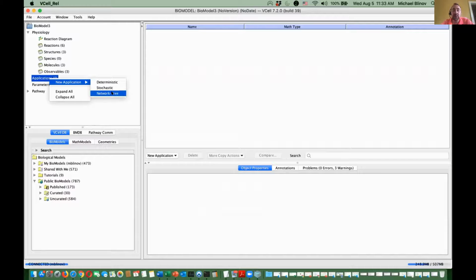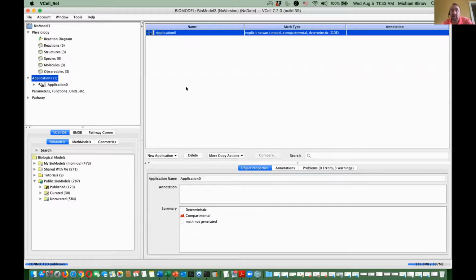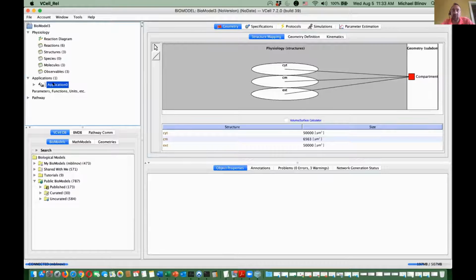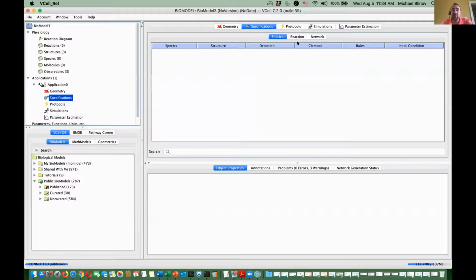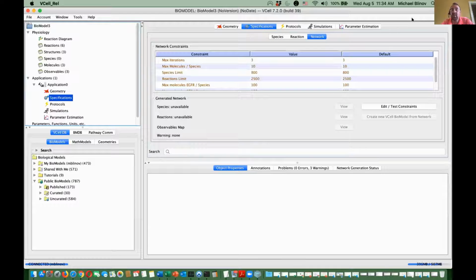And there is a network free option that I will mention a bit later, and there is deterministic. So deterministic, as I mentioned, is BioNetGen, biological network generation, and this is a deterministic process. You define the network that is equivalent to this set of rules, and this network is deterministically defined. So we go into application, specifications, network, and here there are certain limits.